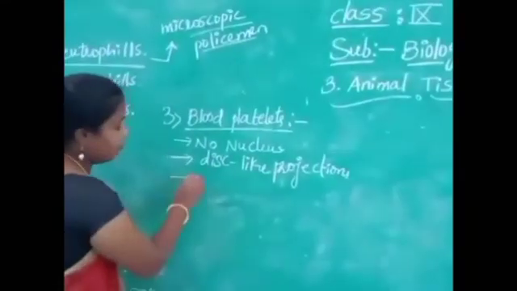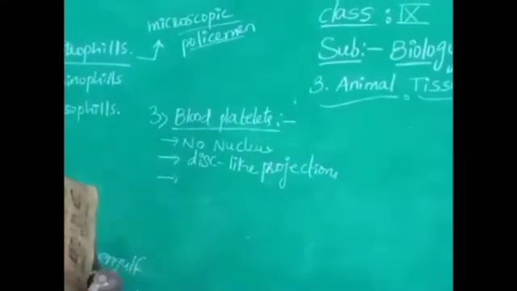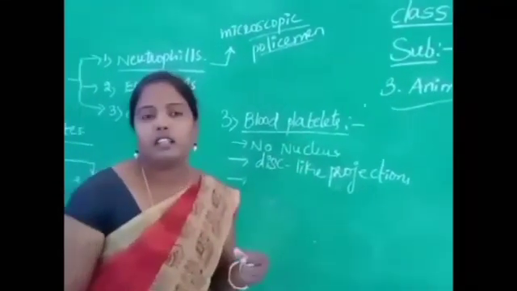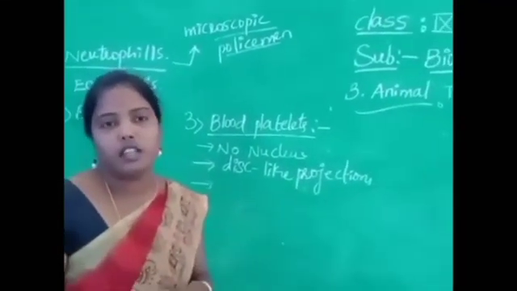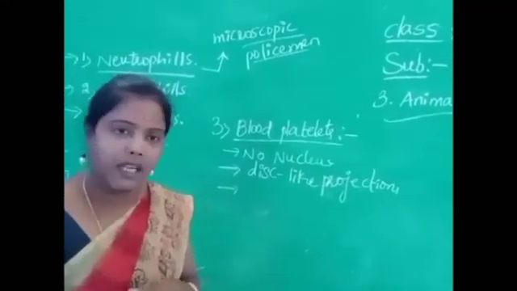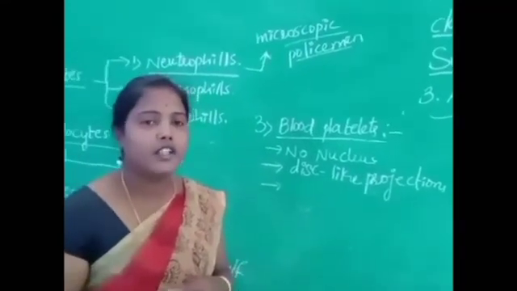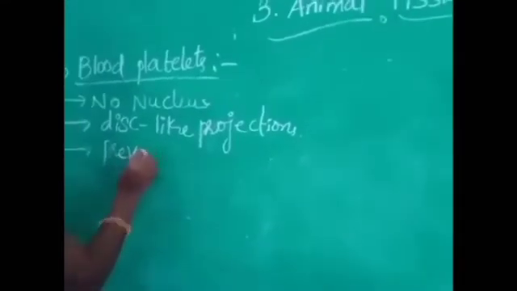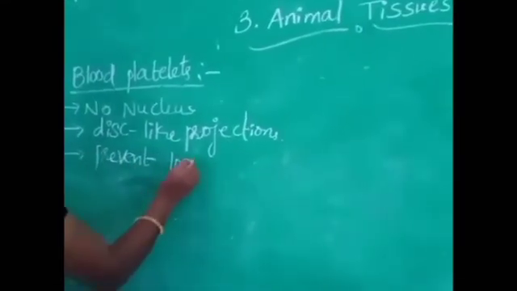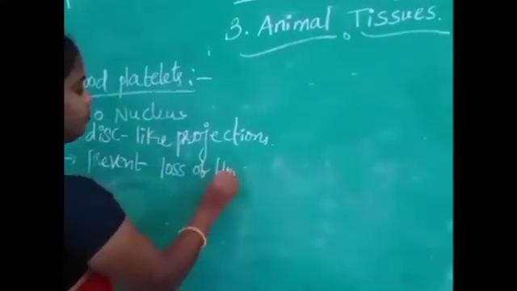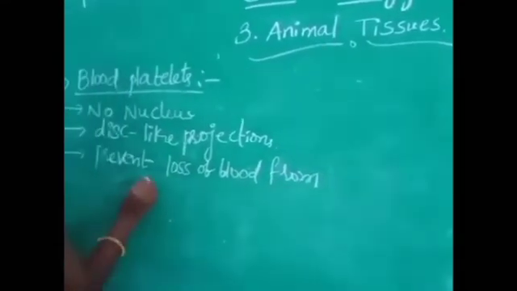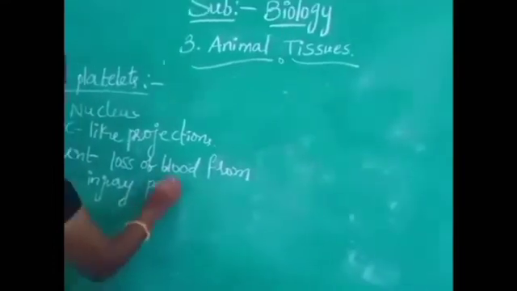What is the function of platelets? When a blood vessel is injured, at that time the platelets accumulate at the site of injury and prevent loss of blood from the injured part.